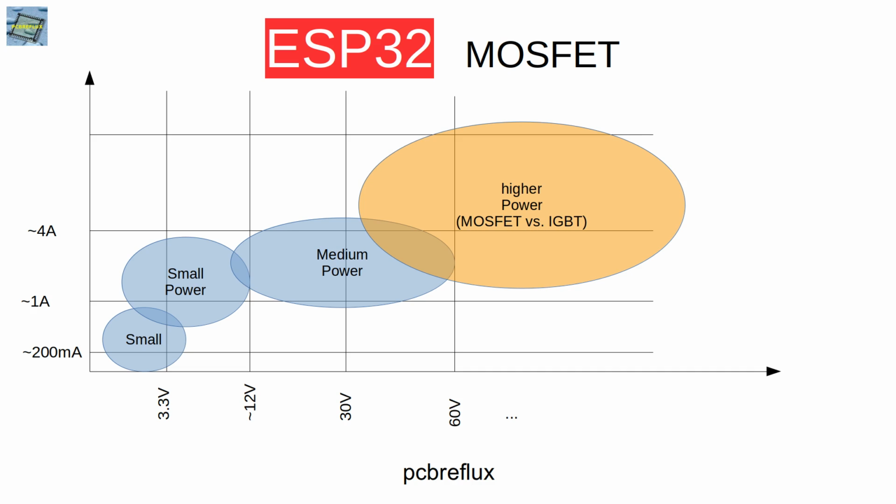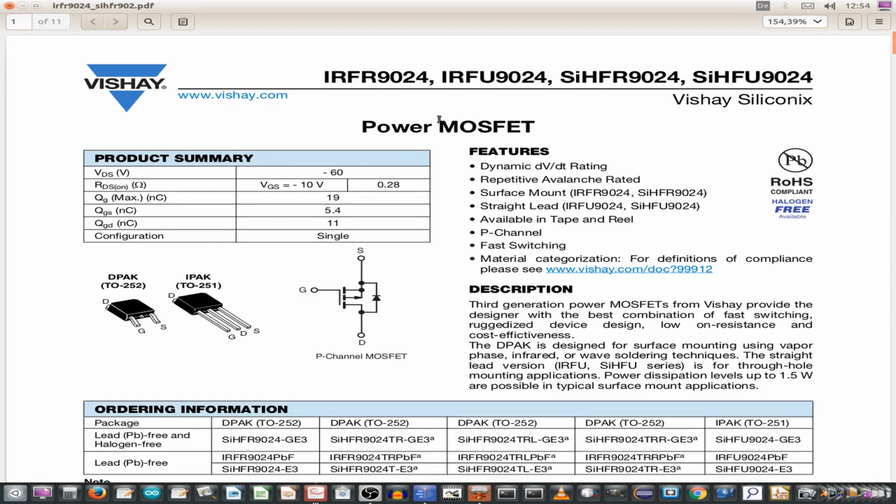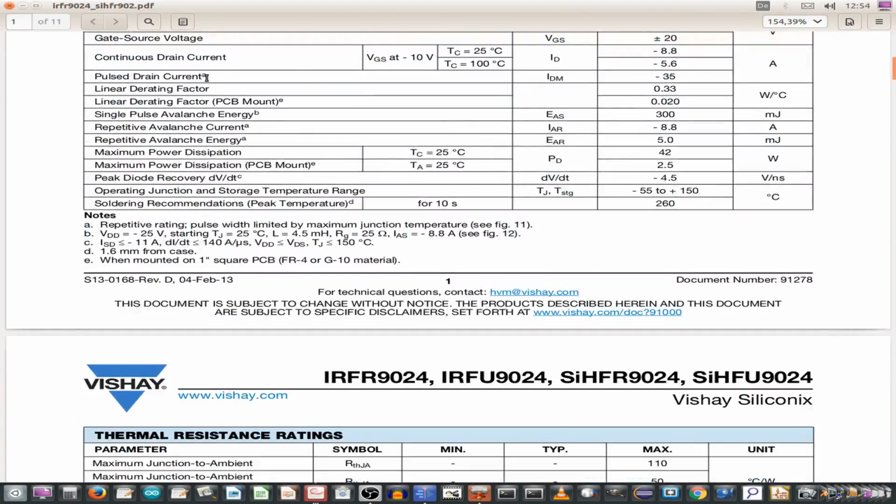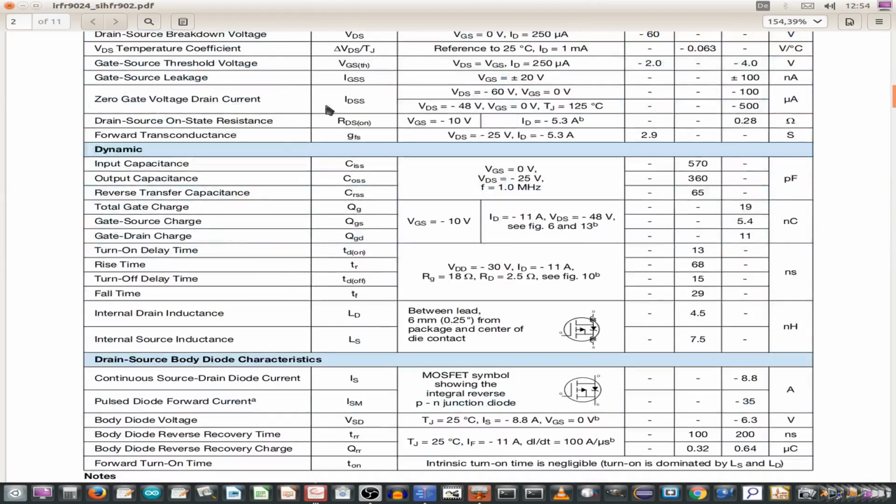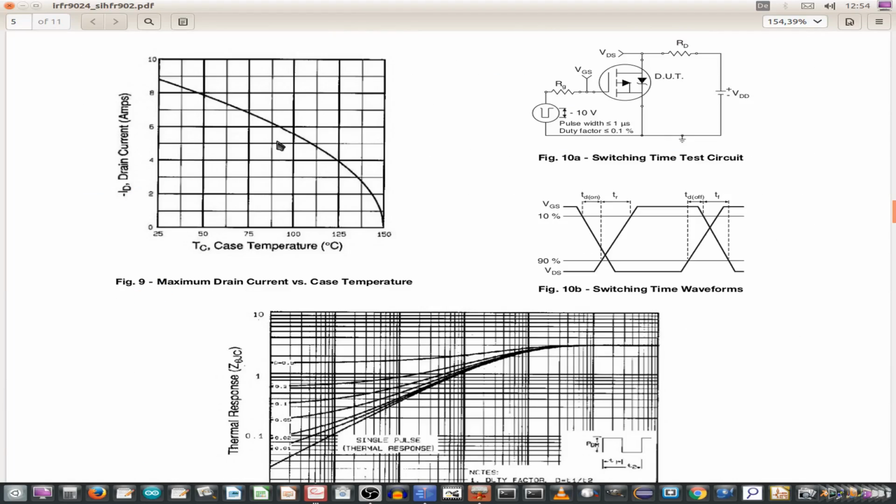Not covered in this series: if you need higher voltages about the mains level, or even higher currents in the 10 amps range, that's not covered here.